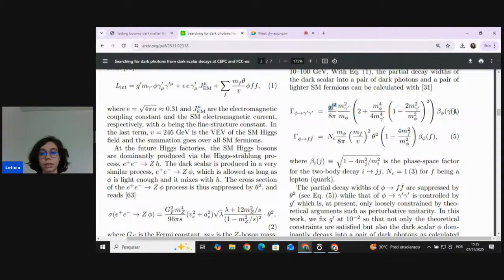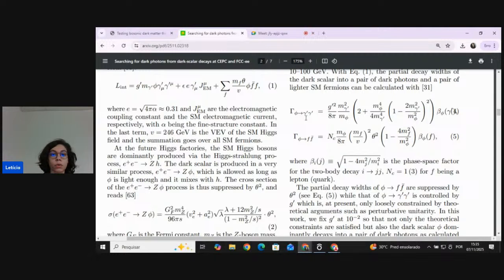They fix this as 10 to minus 2. And with this, and knowing that this is suppressed by this angle as well, we can suppose that the dark scalar decays mostly into dark photons. That is what we want to have.